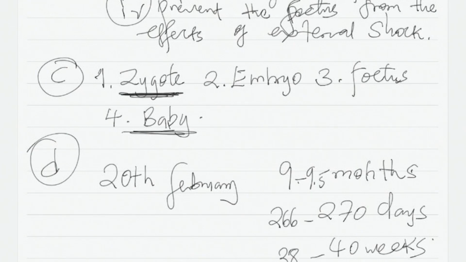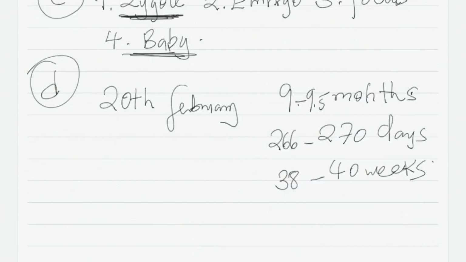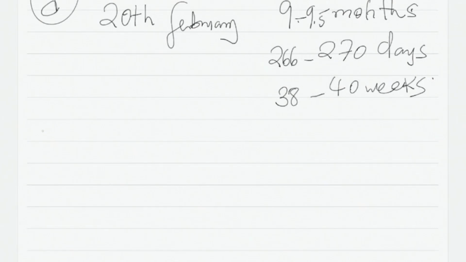Now, according to the question that we've been given, we are asked to calculate in terms of months, of which we are going to make an estimation. An estimation in this way, we are going to count from February, of which we will say February, March. March is the first month.